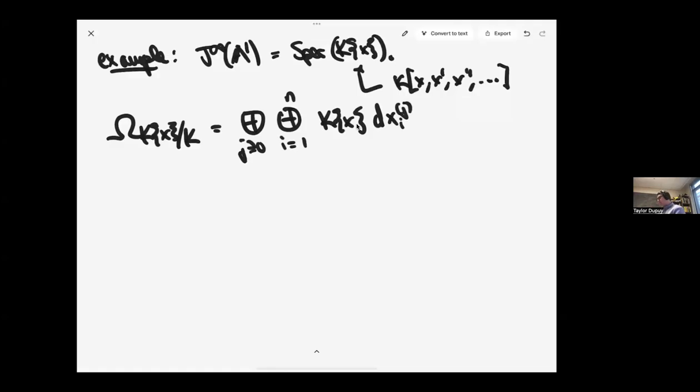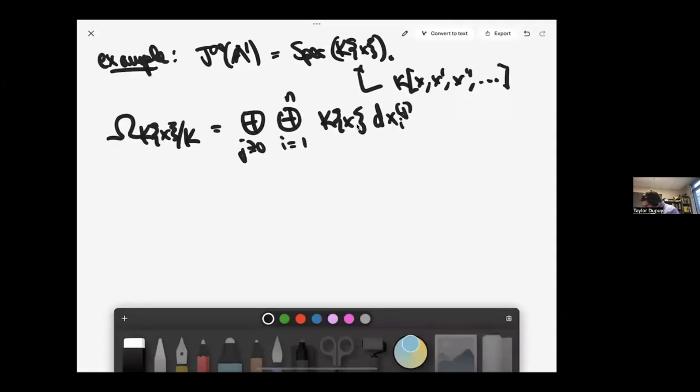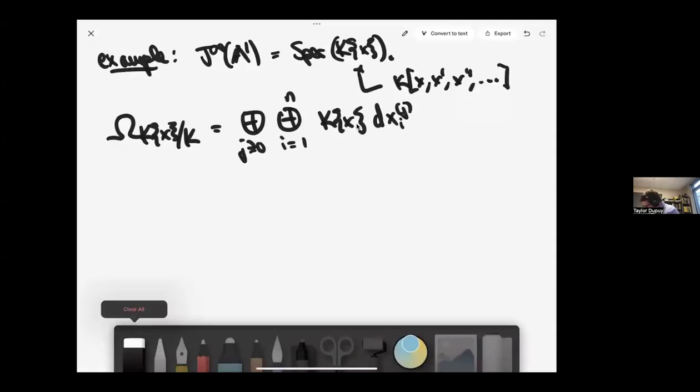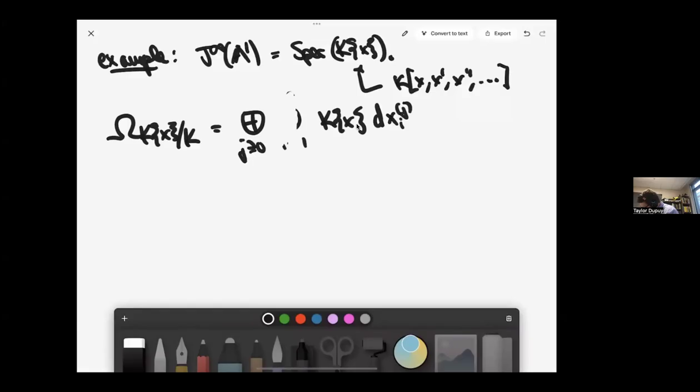Oh, sorry, we're only doing one variable, so I guess I just don't need this part. Let me just write it. K of X, we have dx_j, like this.